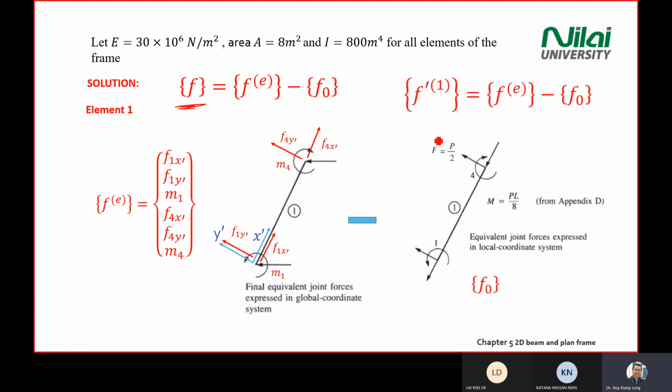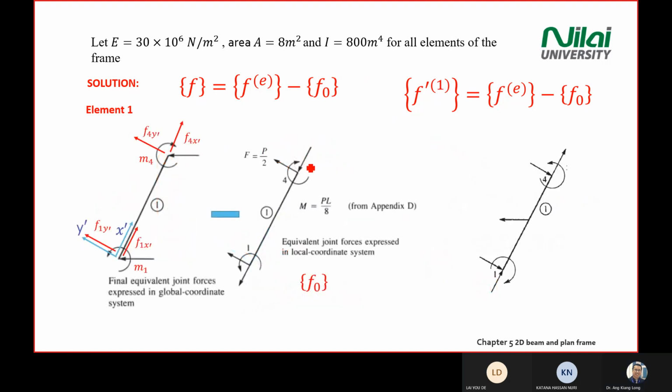Then you are able to find the forces for element 1. Then after that, you can draw the equivalent free body diagram. This is the answer that you should have. You take your calculation minus Appendix D, you get the forces for element 1.